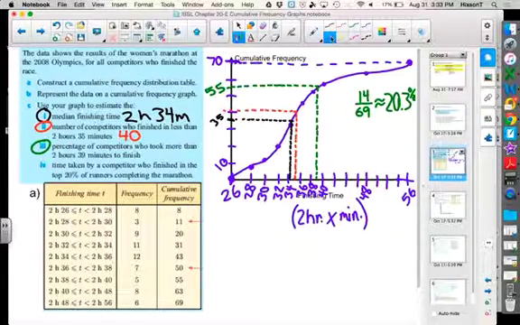About 13.8, okay? So almost 14. So if we come here to 14, come straight across, we can say, hey, the time is about 2 hours, 31 minutes. Okay? Approximately 2 hours, 31 minutes.